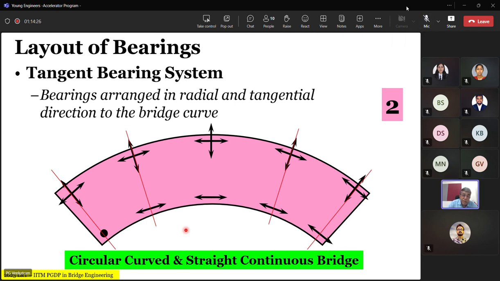When you take the gravity loads, dead load, live load, which dimensions will get affected? Creep, pre-stressing, which dimension will get affected? So now, can anybody formulate a rule which is better under what circumstances? I have given you the clues. Now let us see if you can connect the dots. For the longitudinal effect, the tangent bearing system, and where the volumetric effect is more dominant, the polar radiating system.